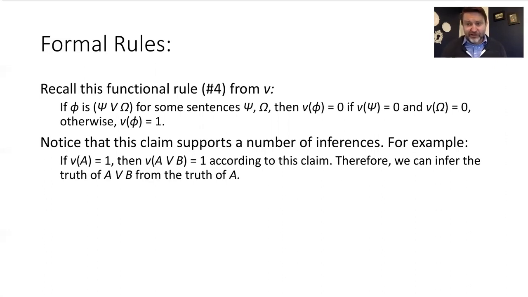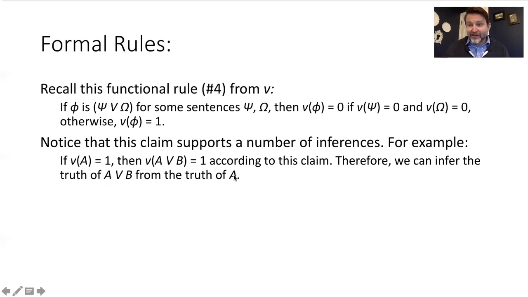Then we know that the value of A or B is going to be 1. And that's according to this functional rule, which tells us so long as one of the disjuncts is true, then the disjunction as a whole is true. So we can infer the truth of A or B from the truth of A.